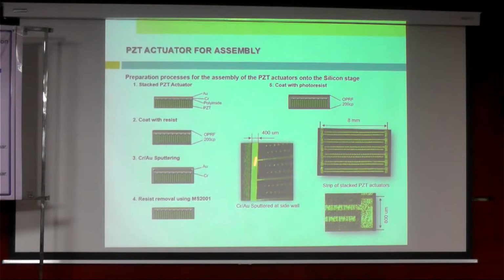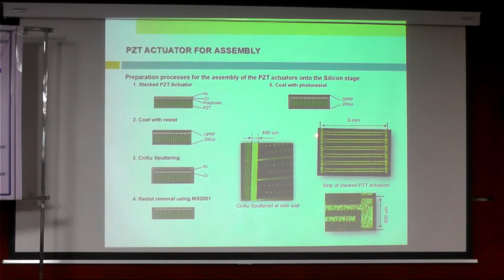This might be considered batch processing because this is one batch of process. You can have a lot more than this, but in this figure you can see six actuators before we cut into single actuators like this. So this is 5 in a strip.